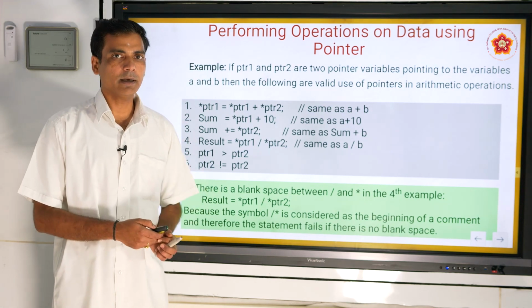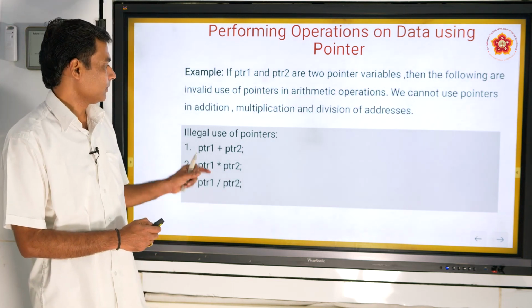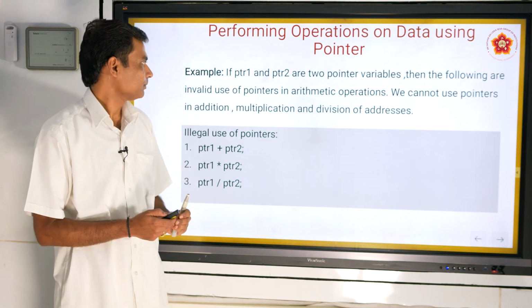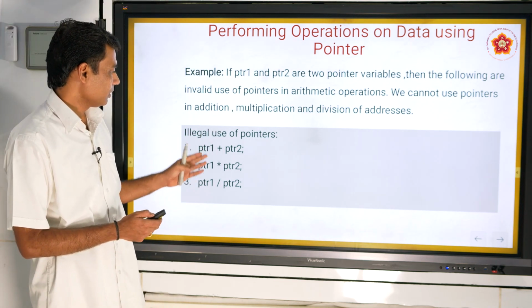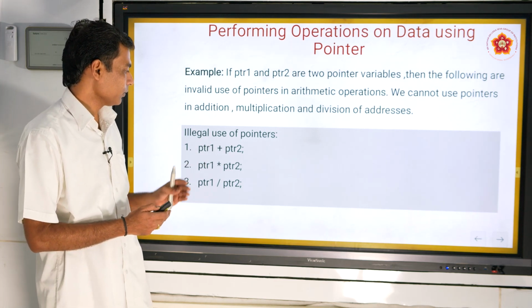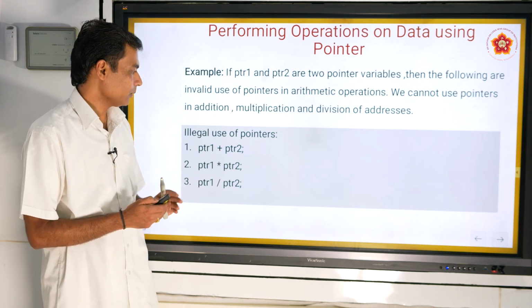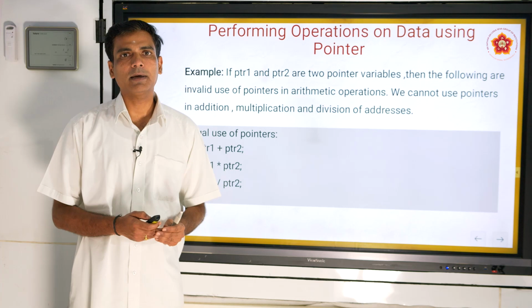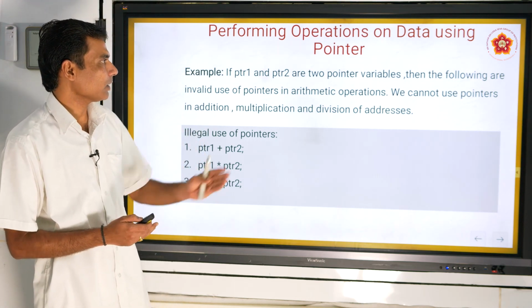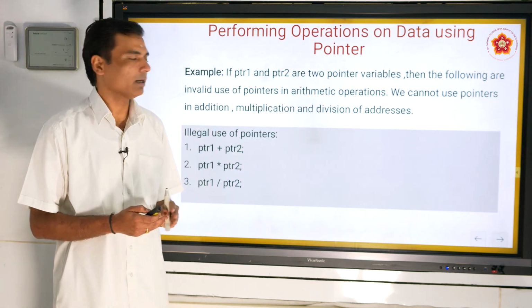Let's see some invalid statements. Consider that ptr1 and ptr2 are two pointer variables. If you look at these expressions, ptr1 + ptr2, ptr1 * ptr2, ptr1 / ptr2, all these are invalid expressions with pointers, because we cannot use pointers in addition, multiplication and division of addresses.